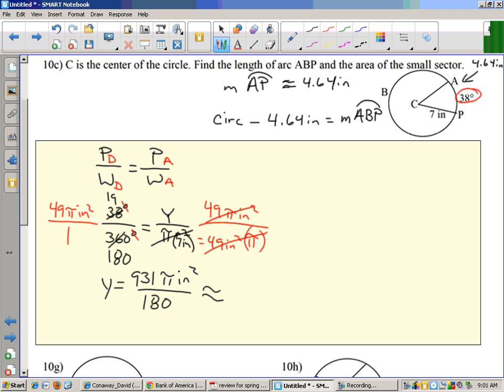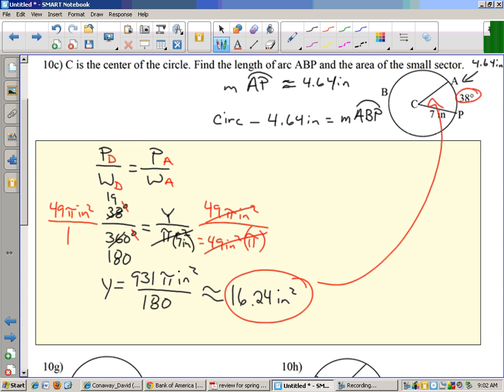So put that in your calculator and find what the approximate is. 931 pi divided by 180. 16.24. Okay. Now that one is the correct amount because they did say the small sector here for the area.